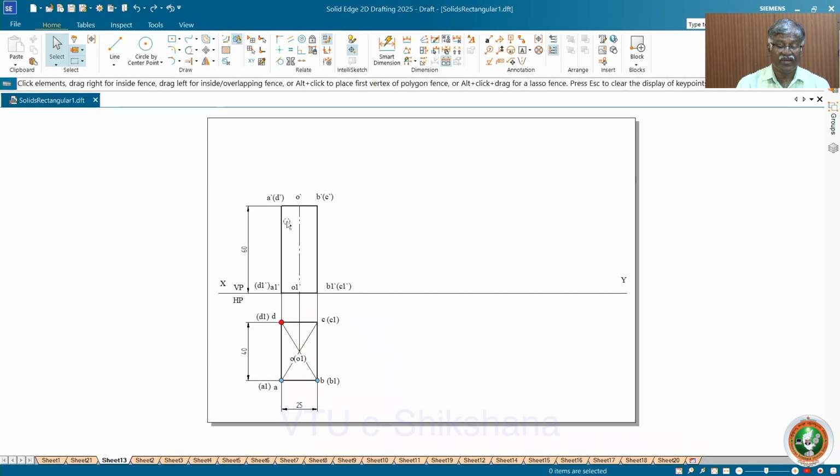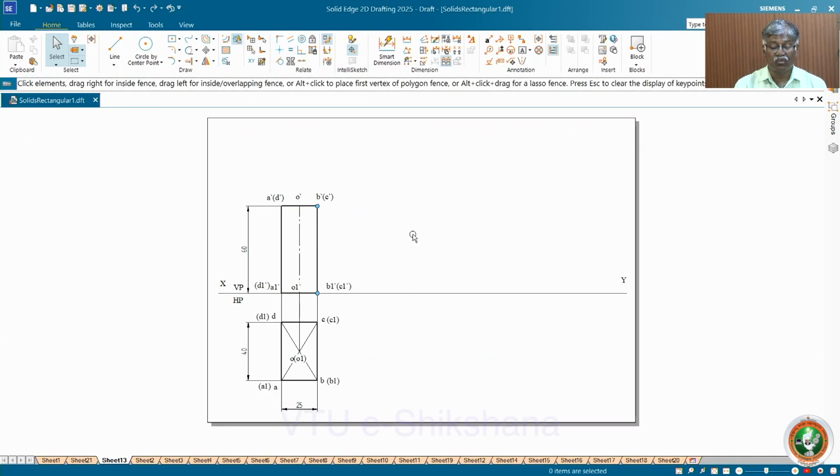Now the front view as such you project and get the top corners as ABCD. AB are visible, BC are not visible. Here also A1 B1 is visible, that is nearest to you, and C1 D1 are not visible, that is in brackets. Next what you have to do, you have to rotate this line by 30 degrees to HP.